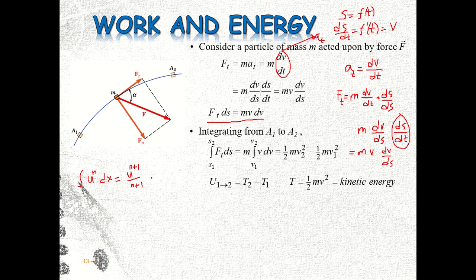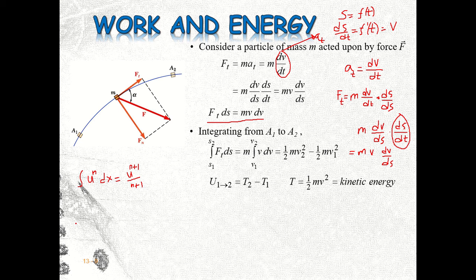Why 1/2? Because this would be v squared. This becomes v to the n, understood to be 1 power 1, so 1 plus 1 is 2, so that would be v squared divided by 2. You can remove the fraction and write it as 1/2.